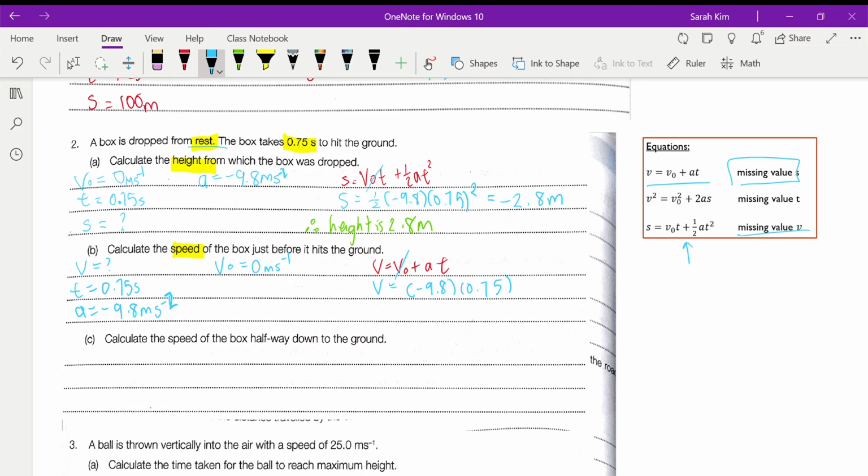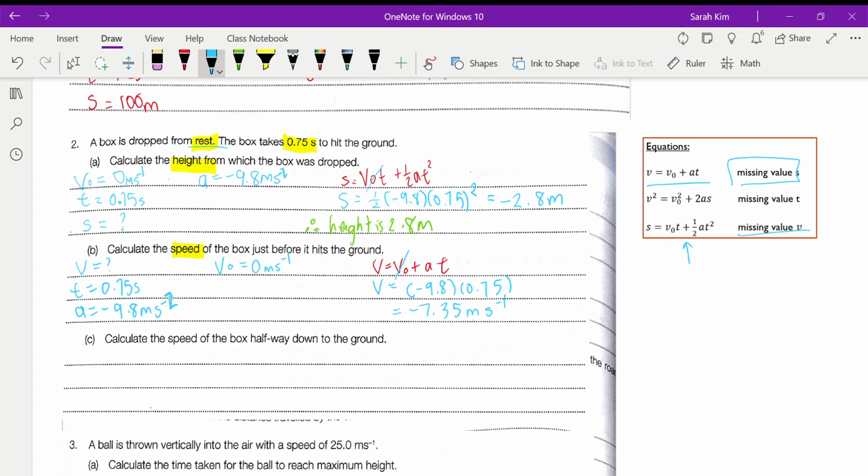And if you chuck that in the calculator, you get -7.35 meters per second, and that's your answer.